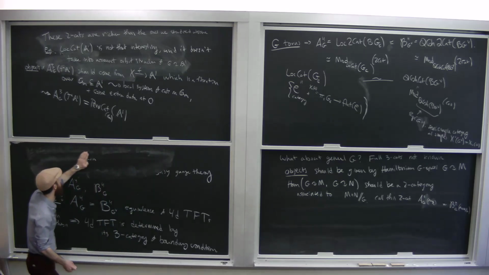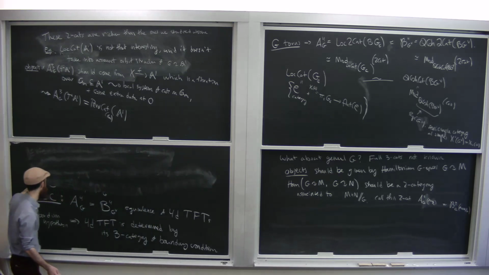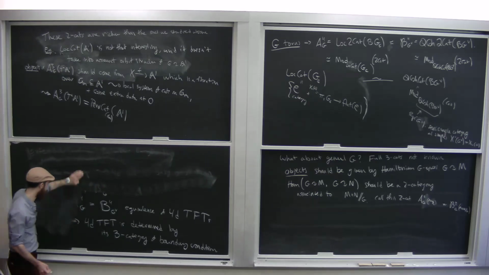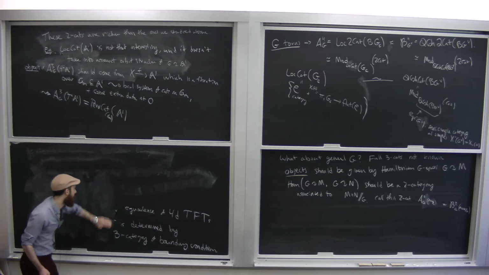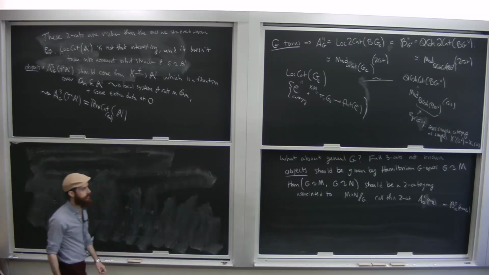Perverse sheaves on a stratified space, or even constructible sheaves, are locally constant on the various strata, but interesting things can happen as you glue between strata. But why perverse? Why do you necessarily want something like perverse?